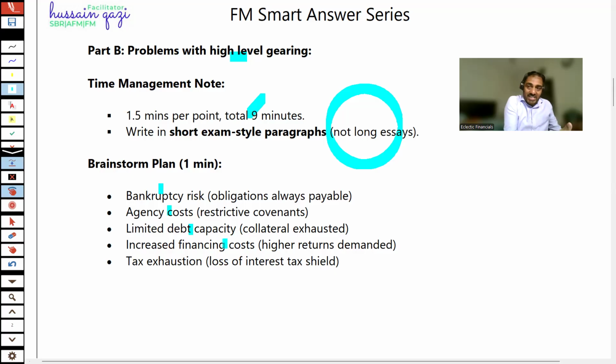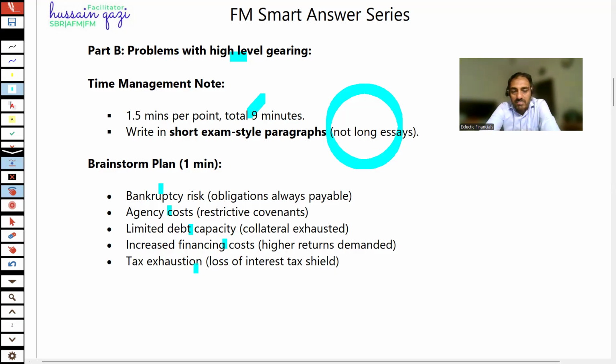Right now, if you inject debt, okay, but in future it is possible that the equity holder demands a higher return, and the debt holder obviously requires a higher return. That means increasing finance cost of debt and cost of equity.